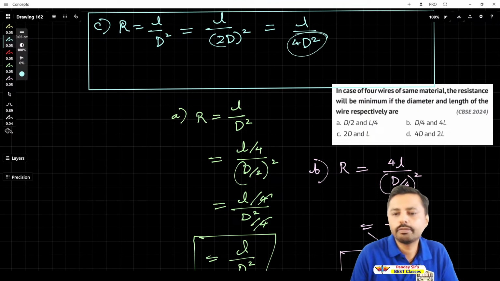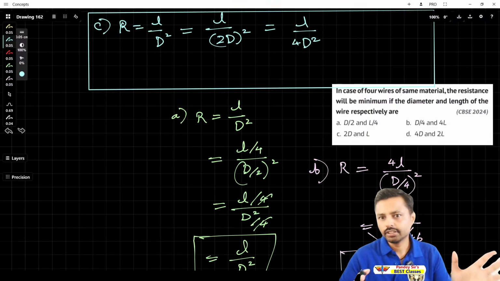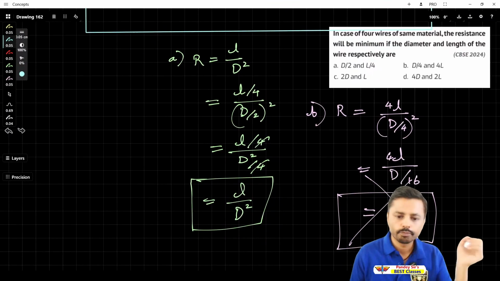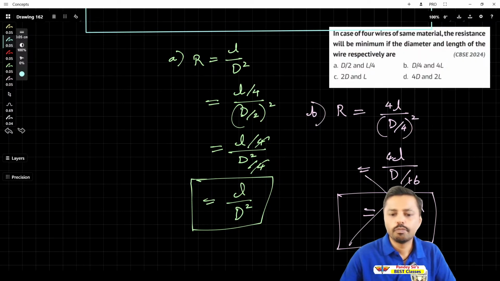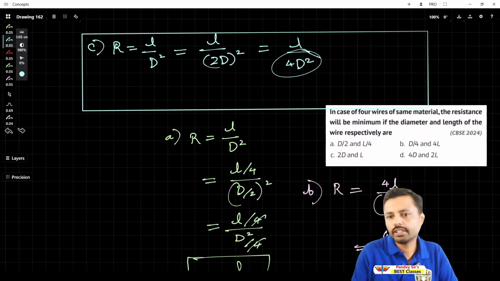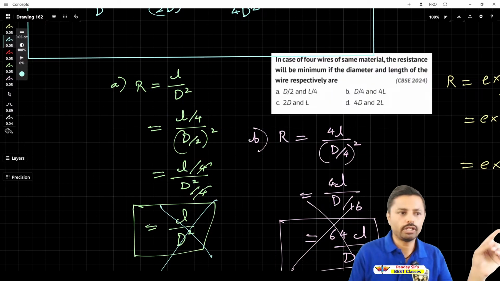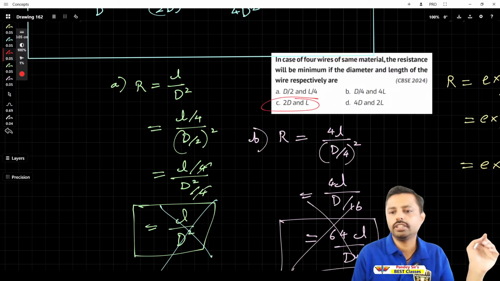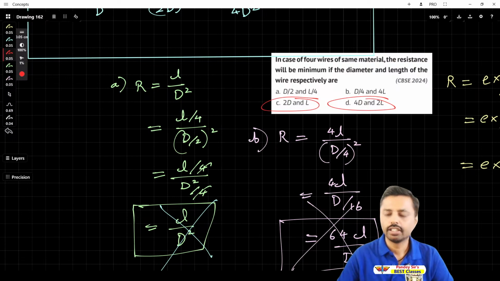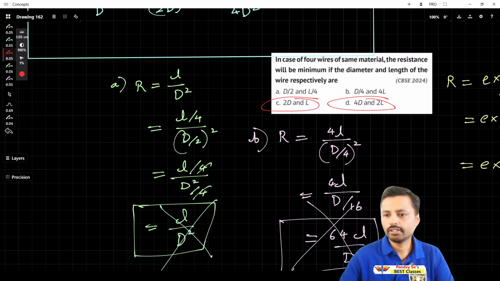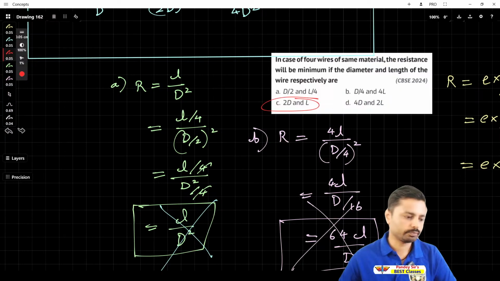Here you see the denominator became big. If the denominator is big, the total answer is small, as we learned earlier. So here the denominator is somewhat big, but there the denominator is even bigger. So this is not the correct answer. Now there is a fight between two answers, C and D. Let's find out, can D get an even smaller value of resistance, or will C be the correct and final answer.